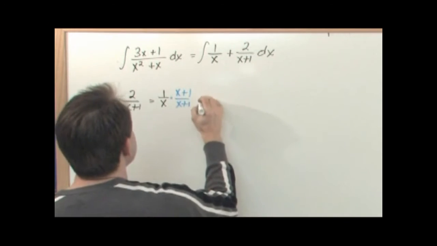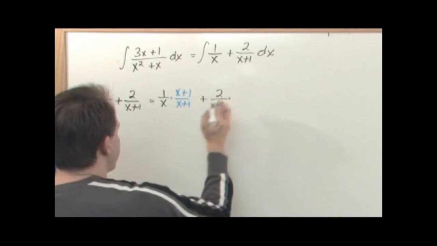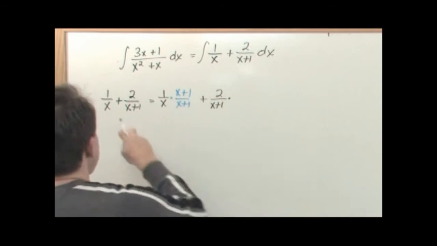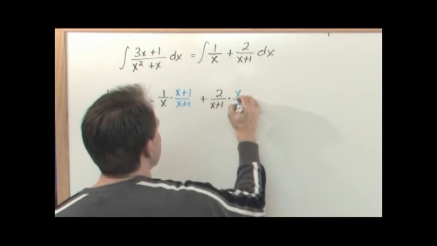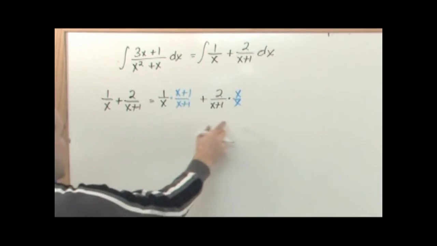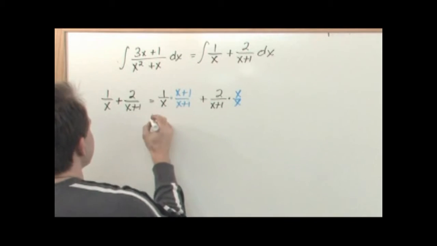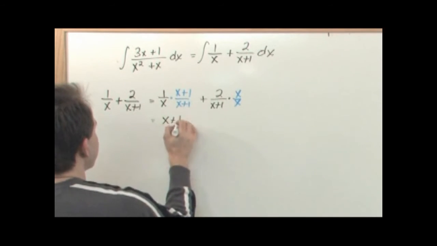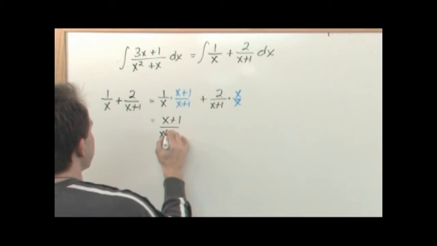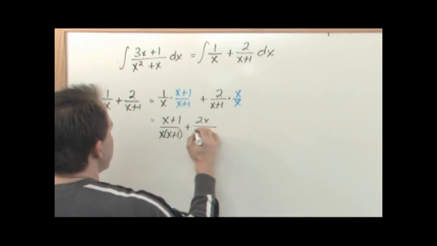And then I can take the second piece, 2 over x plus 1, and I can multiply it by x over x. The reason I'm doing this, by the way, is I'm multiplying by 1, so I've changed nothing. But in the end, what I'm trying to do is get a common denominator. So x plus 1 over here over x times x plus 1, and then on this side, it's 2x on the top, and then x and x plus 1 on the bottom.